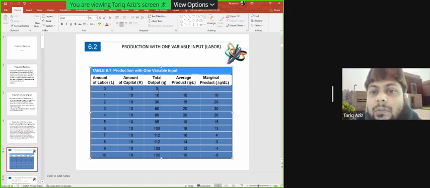The third column is for total output, denoted by Q. Initially when labor was 0, the total output was also 0. When one laborer was hired, the total output was 10.